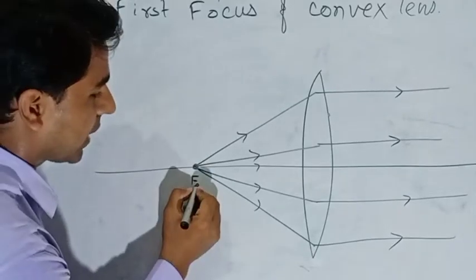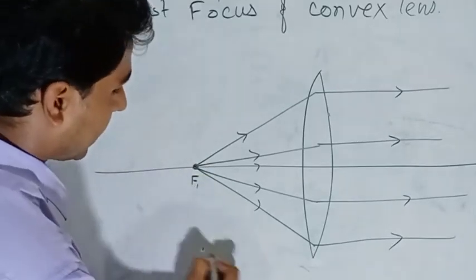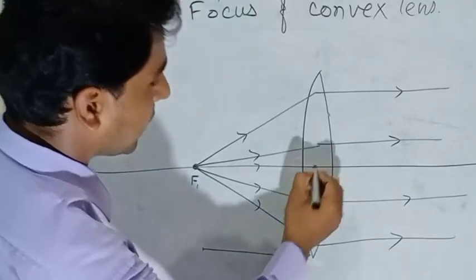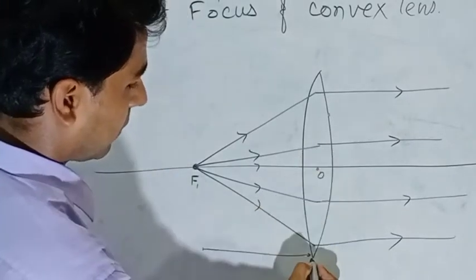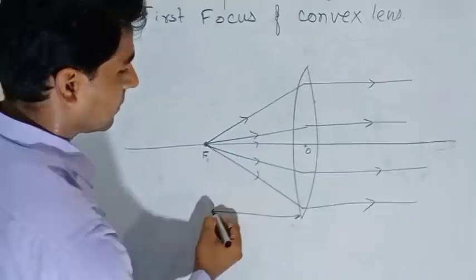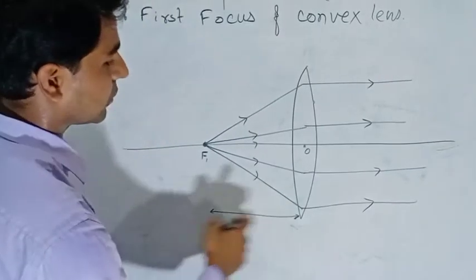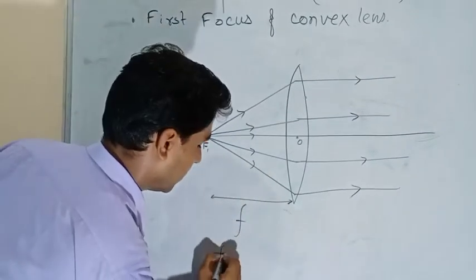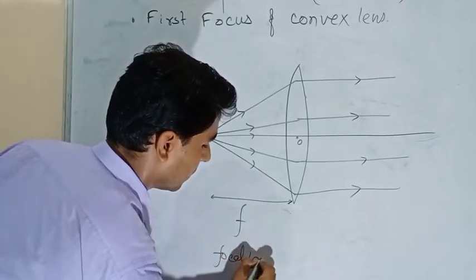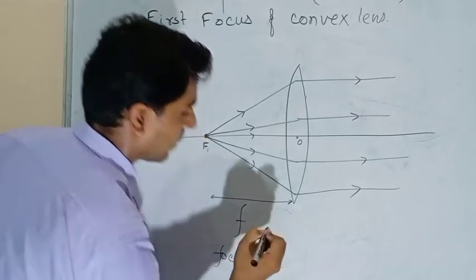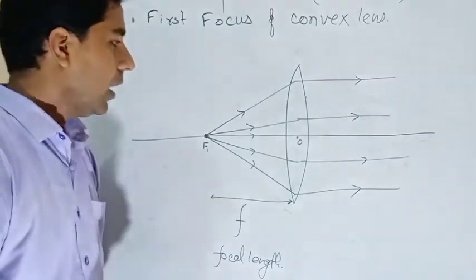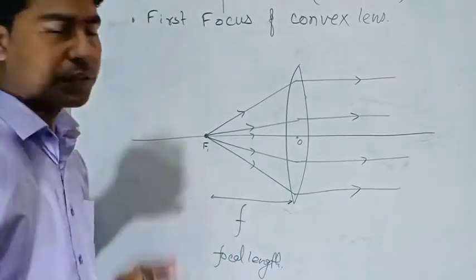First focus, you can also say F1, and the distance from here to the optical center is called the focal length. So here again, what is the first focus?